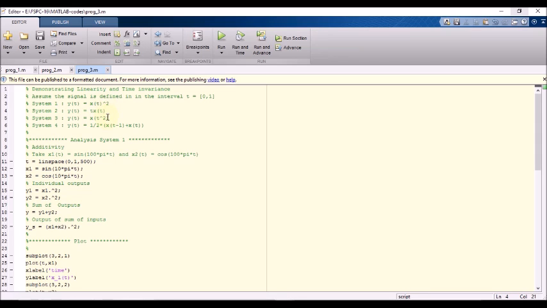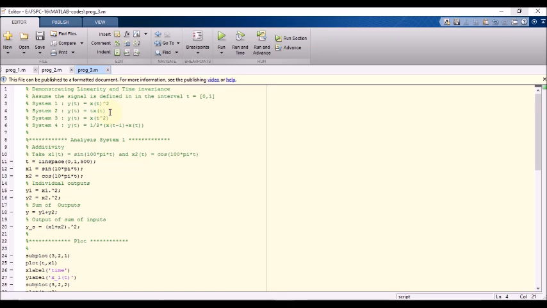It was discussed that this system is linear because if I supply the sum of the inputs, the output that I get is the sum of the corresponding outputs. But the system is not time invariant. It varies with time, so this is a time varying system. So that is a system of second kind. It is linear, but it is time varying. The first system is non-linear but time invariant.